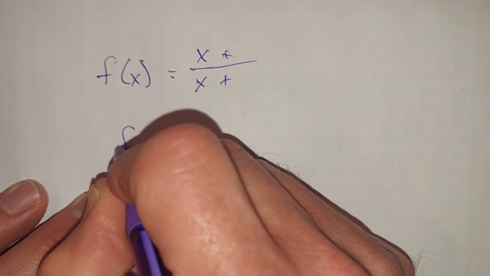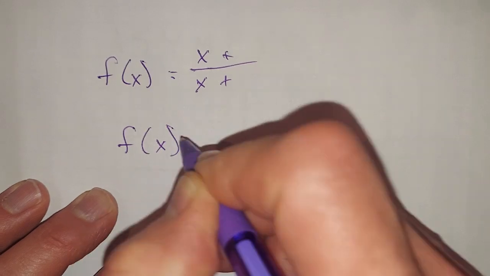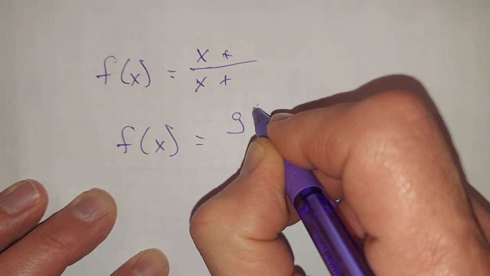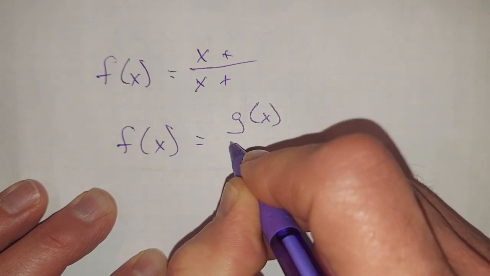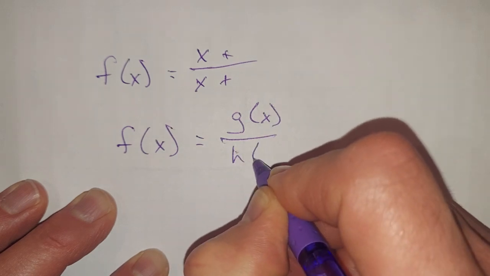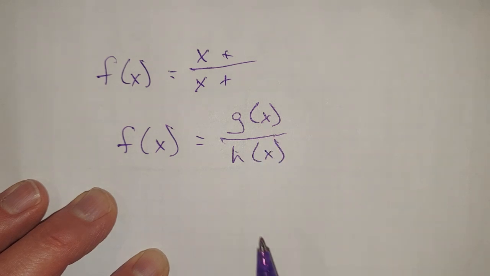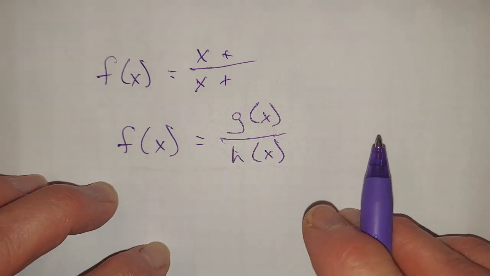It could even be said that a rational function is like a function divided by another function. So it'll have x in both the numerator and denominator.